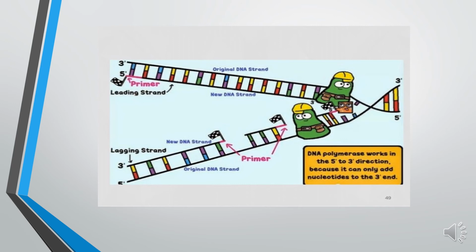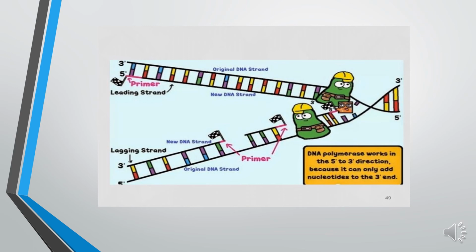Since the DNA polymerase, or the builders, can only work in the 5' to 3' direction, the polymerase will work just like this: 5' to 3', and it can only add bases to the 3' end of the new strand. That's why the space where the polymerase stops will be the gap, and it is called the Okazaki fragment.